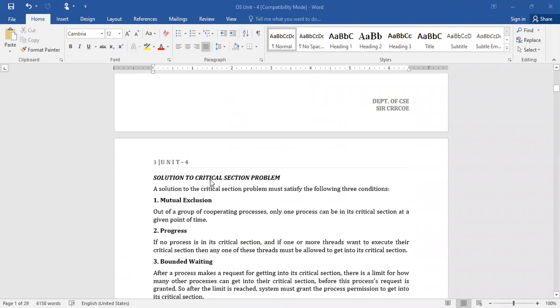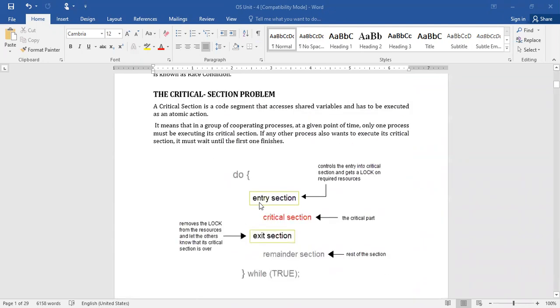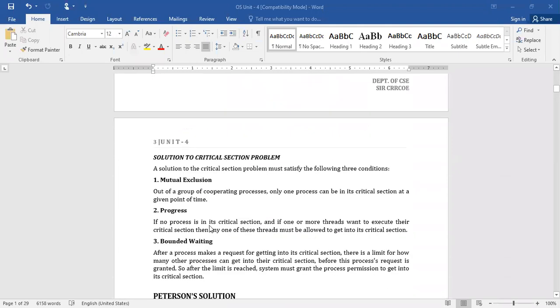These are very important. One is mutual exclusion. Out of a group of cooperating processes, only one process can be in its critical section at any given point of time. Don't allow more than one to enter into the critical section. That is what we call mutual exclusion.